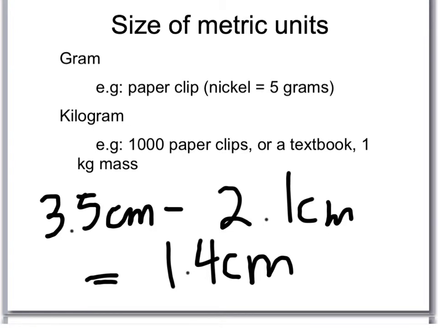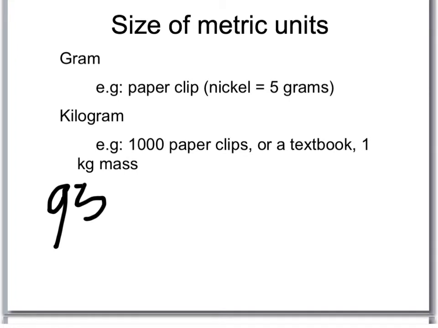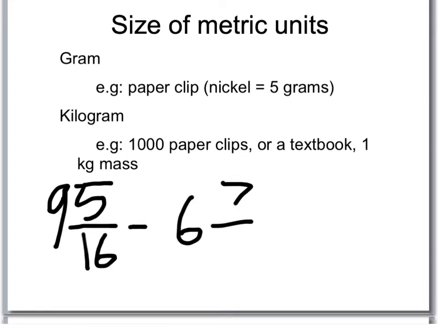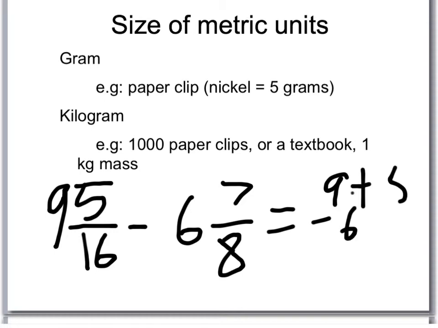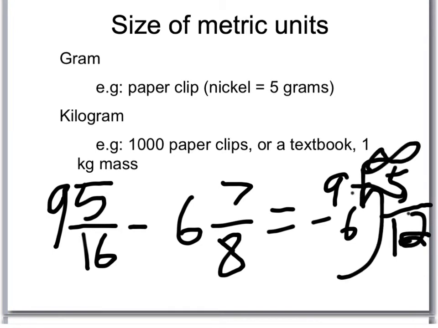Far simpler than trying to do 9 and 5/16 minus 6 and 7/8 equals, well, maybe I do the 9 and the 6 plus the 5 over the 12, carry the infinity. Yeah, it gets really confusing when you're trying to use the English system to convey measurements to people, and that's why we use the good old metric system.